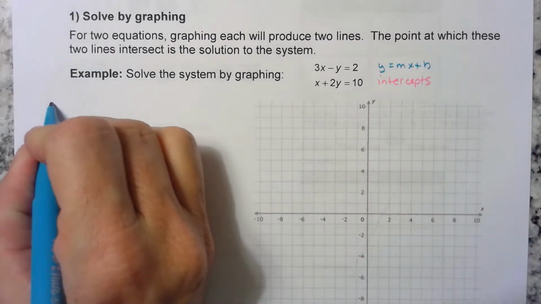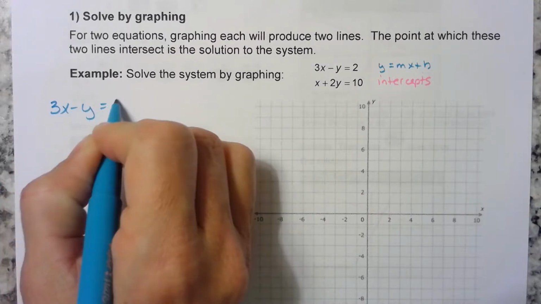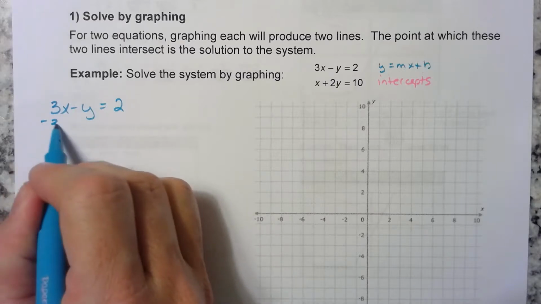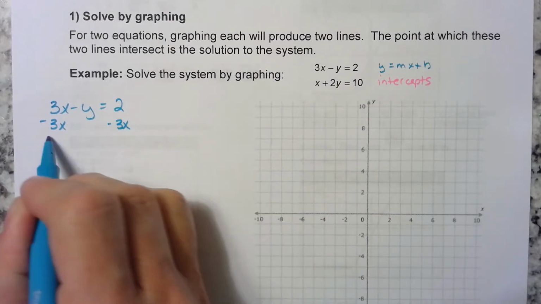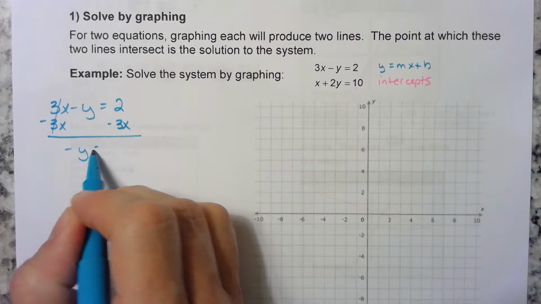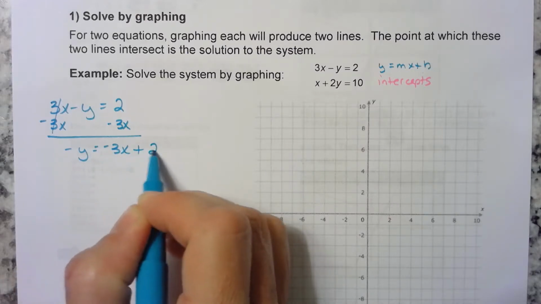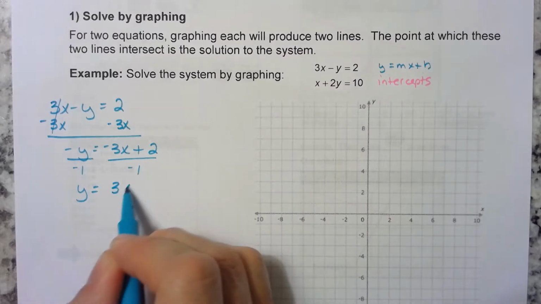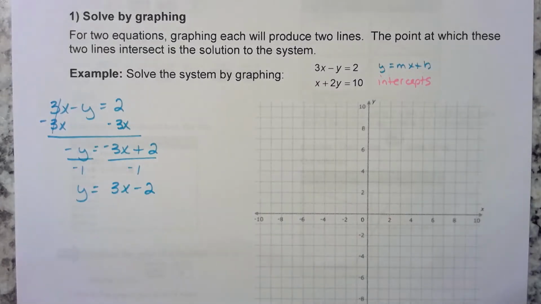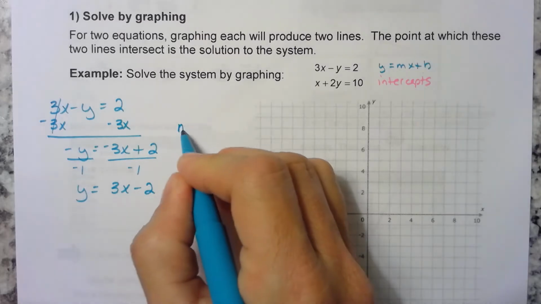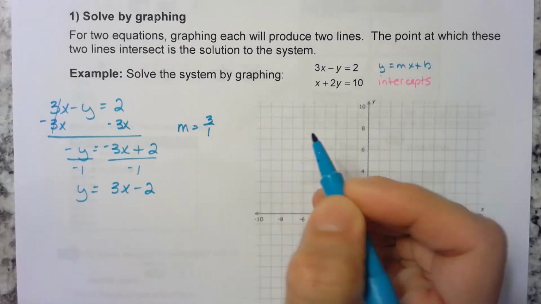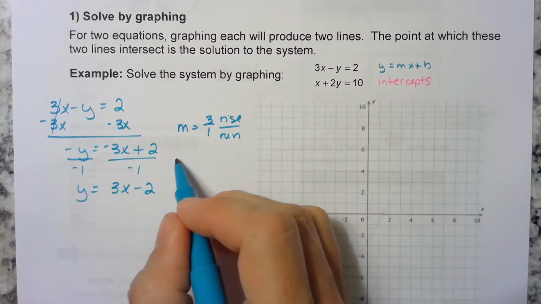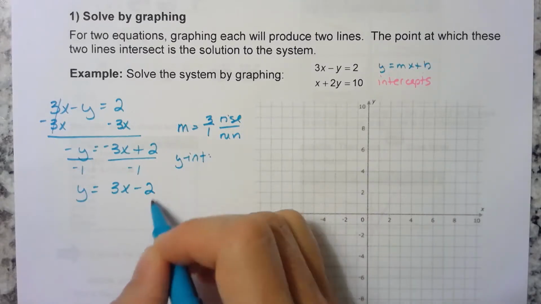So if we start with 3x minus y equals 2, to get it into this form, we need to get y by itself. So I'm going to subtract 3x and divide everything by -1. So we have y is equal to 3x minus 2. In this equation, your slope is 3, or 3 over 1. Remember, that's your rise over run. And then your y-intercept is b, this part right here.